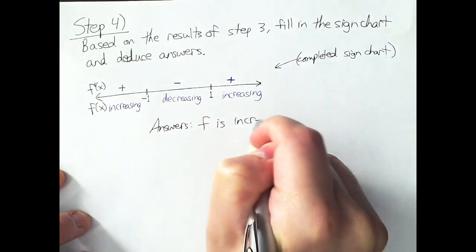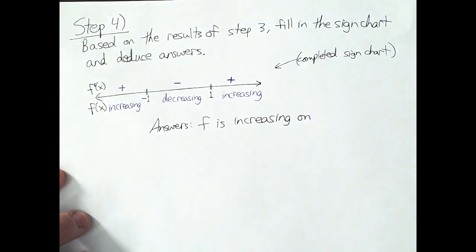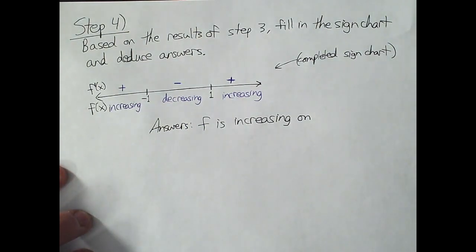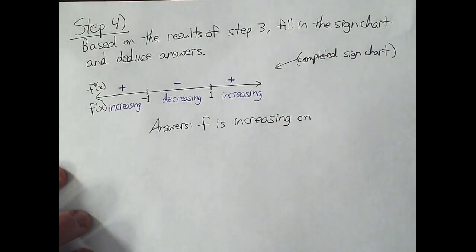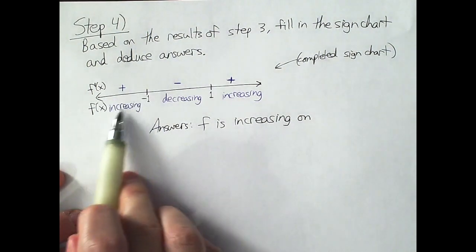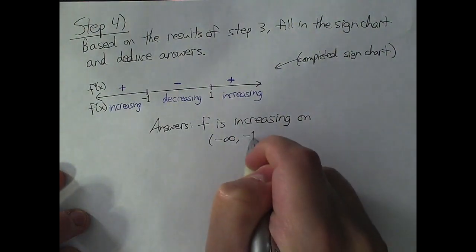F is increasing on, it said to find the intervals of increase and decrease. They're kind of encoded in this sign chart. We want to actually write them as intervals. So we wrote the word increasing because f is increasing on this first interval. That was negative infinity to negative 1.